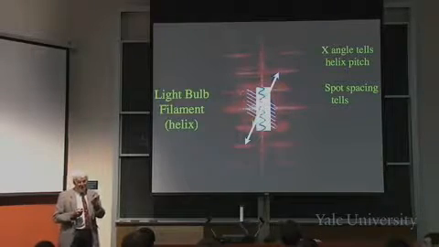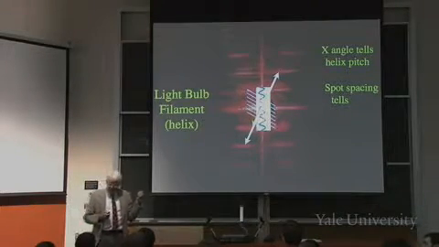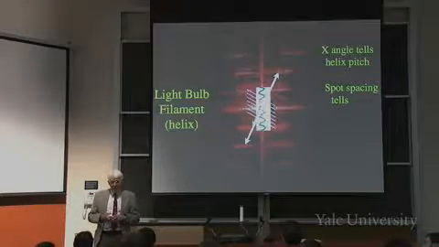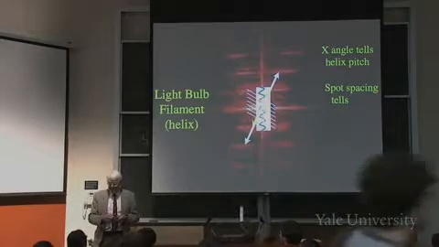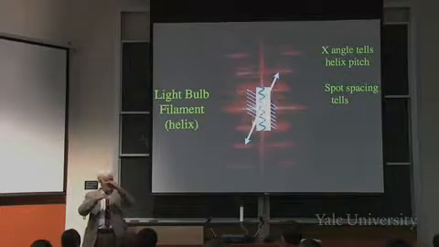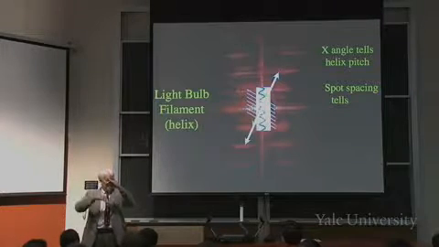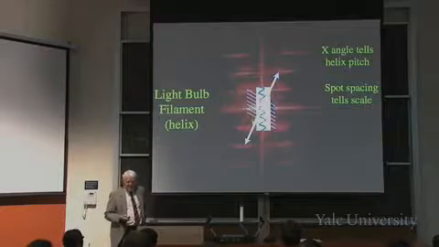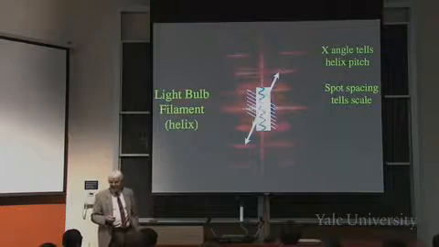If you know the wavelength of the X-rays, or of the light in this case, what does the spacing of the spots tell you? It tells you what the actual distance is between successive turns of the helix, how far apart the planes are. So it tells the scale of the helix, right?